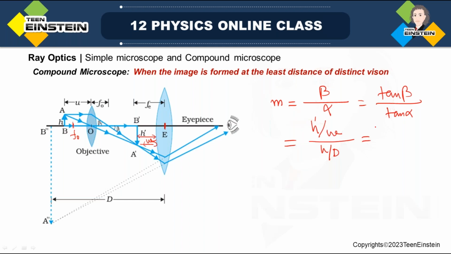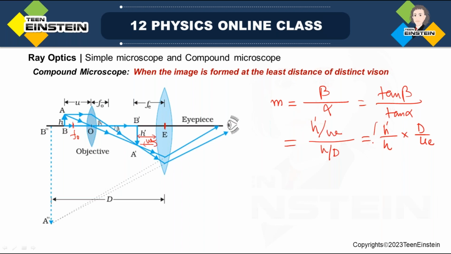So this is h prime by h into d by ue. Ue means the object distance for the eyepiece. And h is the object height, AB, and h prime is the image height, this one.